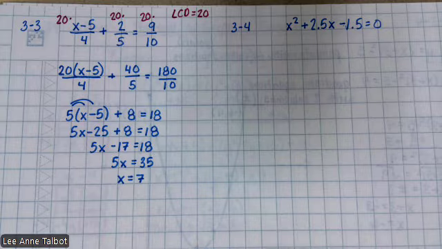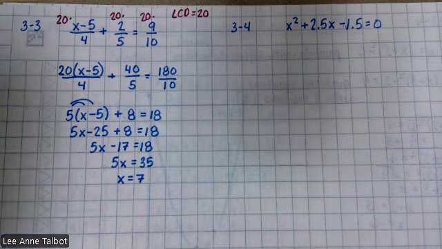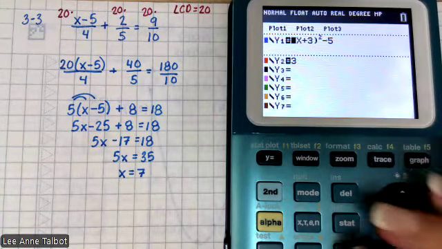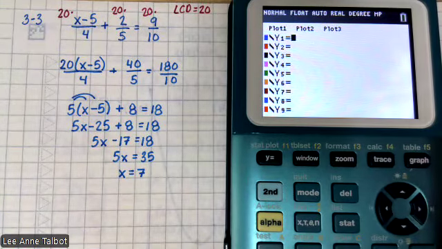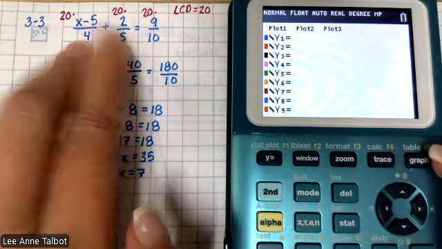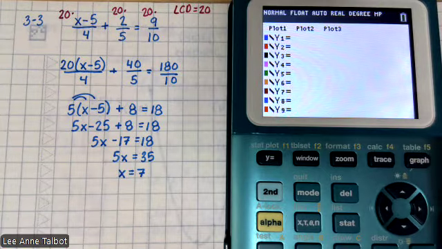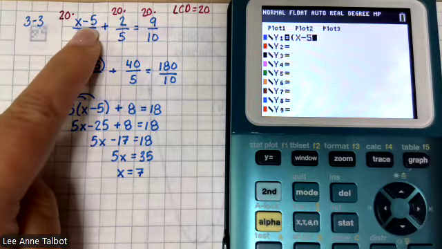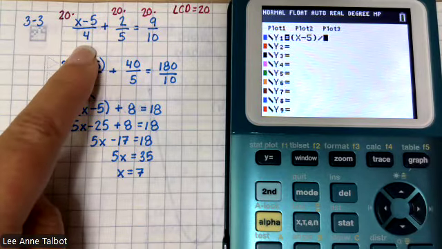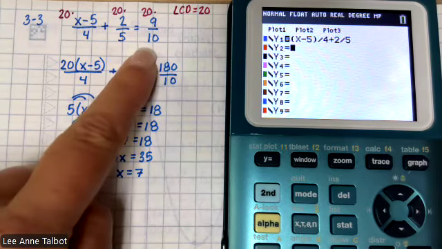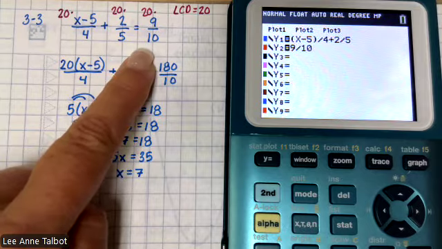Okay, now I want you guys to try something really, really cool. Put the left side in y1 and the right side in y2. Just make sure to put the x minus 5 in parentheses. So x minus 5 divided by 4 plus 2 divided by 5, 9 divided by 10.